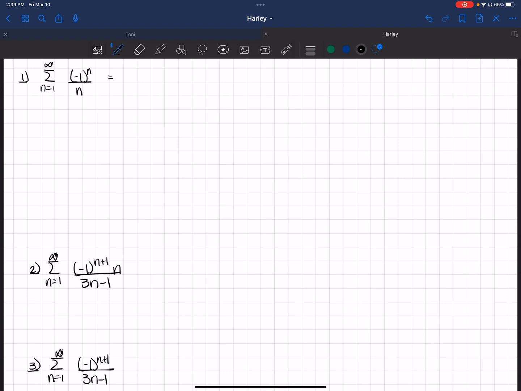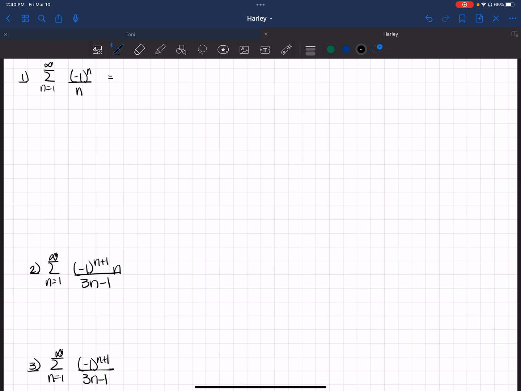diverge. And the first question is the summation of n equals 1 to infinity of (-1)^n all over n. Okay, so we see quite a few things going on here, and we've got a lot of tools in our toolbox now that we've done extra videos that I told you there would only be 2 and there were 3. So you can tell that it's an alternating series.